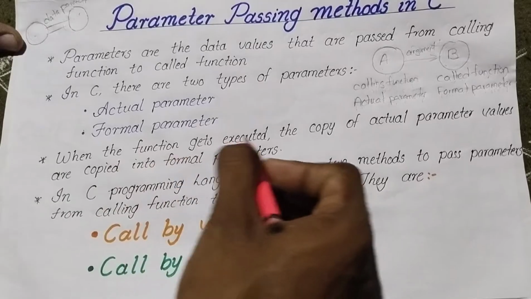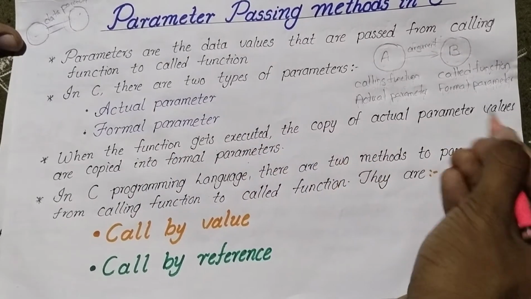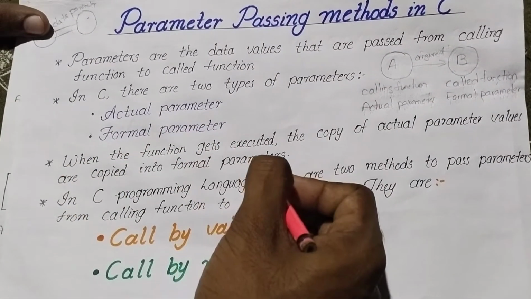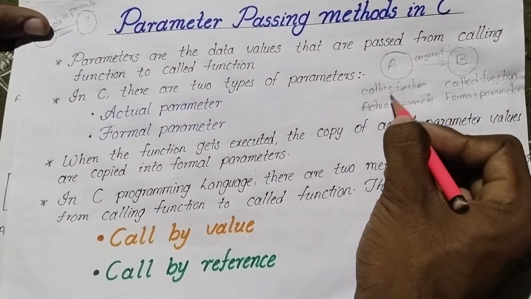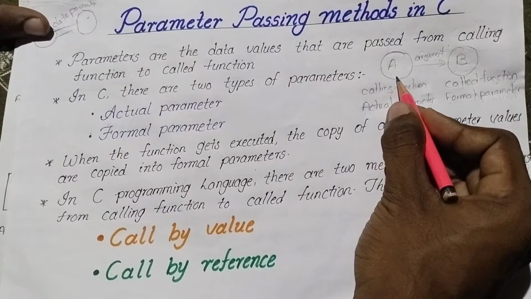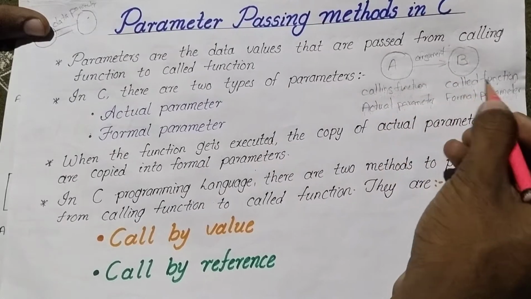When the function gets executed, the copy of actual parameter values are copied into formal parameters. It means that when actual parameters are given some values, the values are automatically copied into the formal parameter.